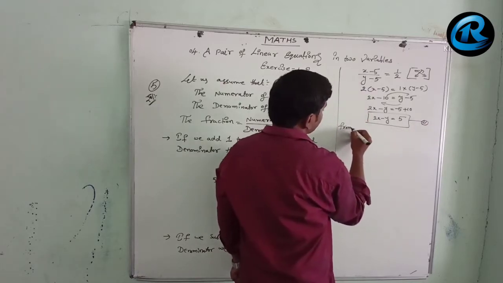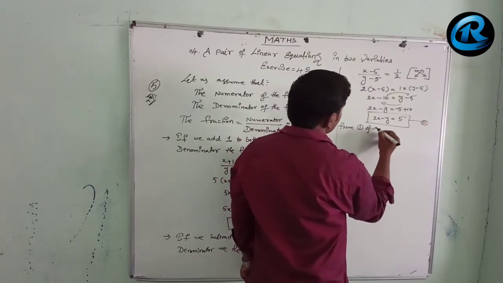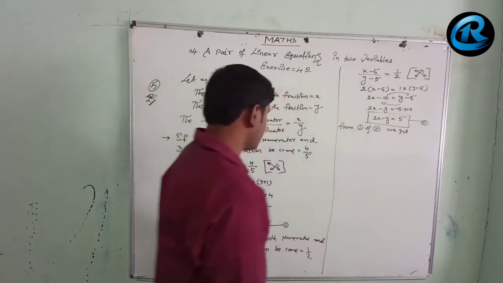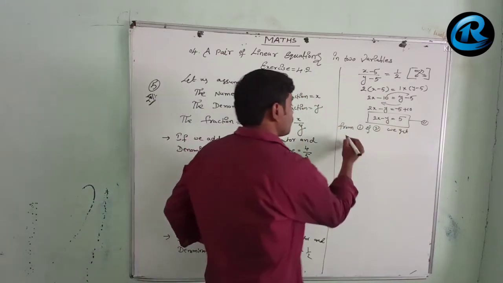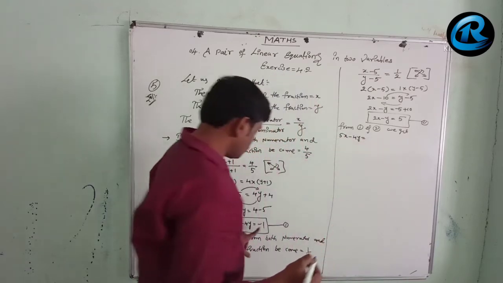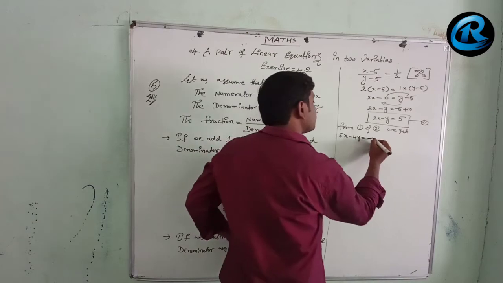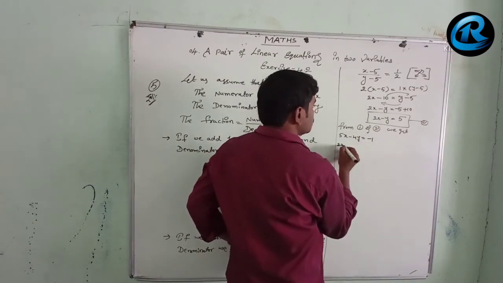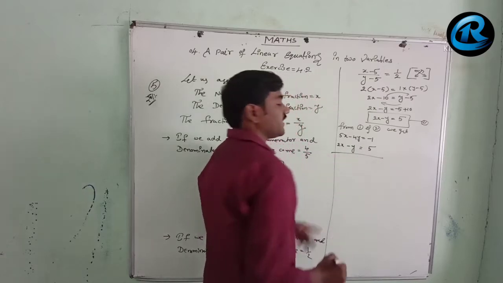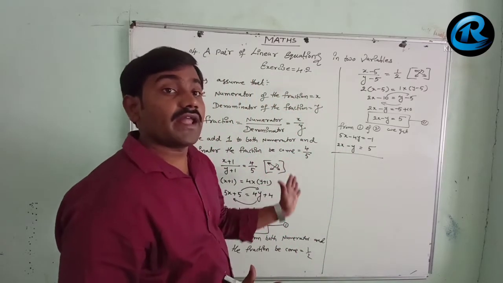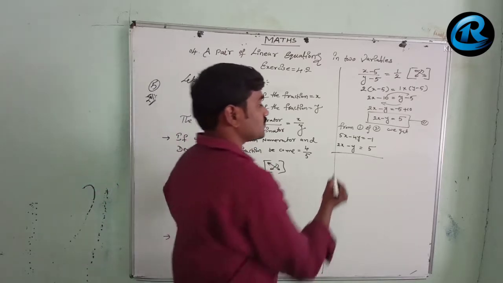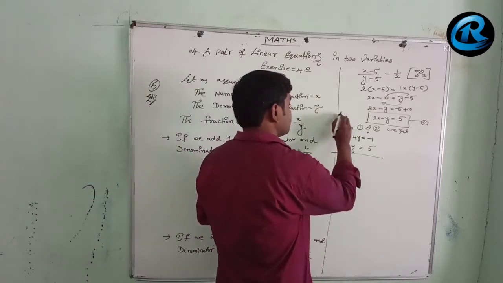From 1 and 2, what can we get? See, 5x minus 4y equal to minus 1. Next, 2x minus y is equal to 5. Neither the x coefficients are equal nor the y coefficients are equal. So what do we do? Let us make the x coefficients equal first.